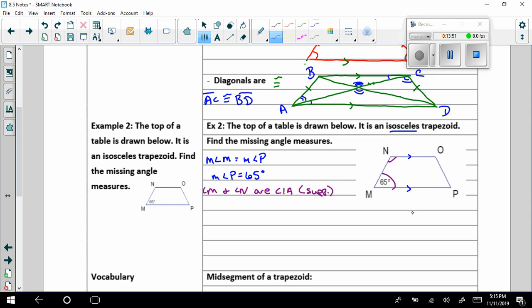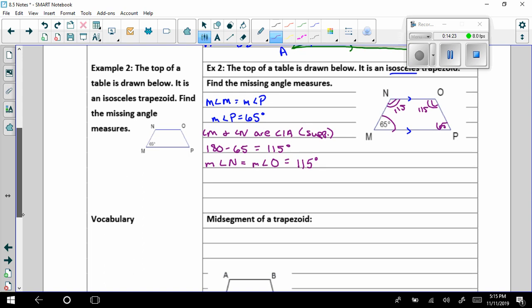So 180 minus 65 is equal to 115, which means that the measure of angle N, which is equal to the measure of angle O, are both 115 degrees. So there's only two angle measures in this shape, just like with our parallel lines and transversals. There were only two different angle measures.